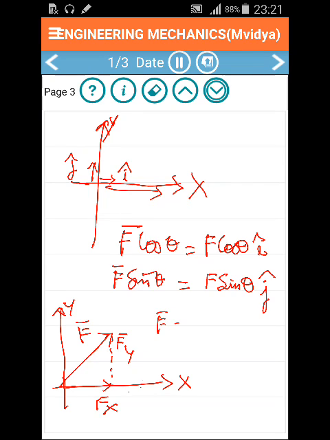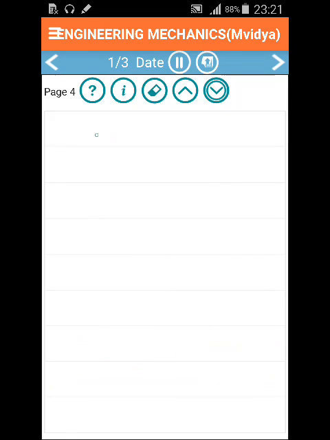So I can write my F bar is equal to Fx bar plus Fy bar. This is from triangle law. I can also write it as F bar is equal to Fx, which is my F cos theta i cap, plus F sin theta j cap. So this is how I resolve the forces.